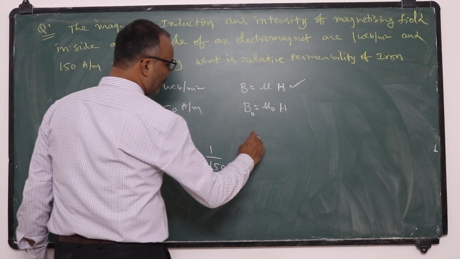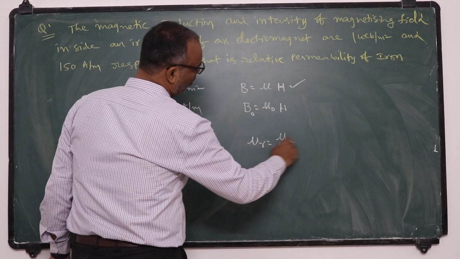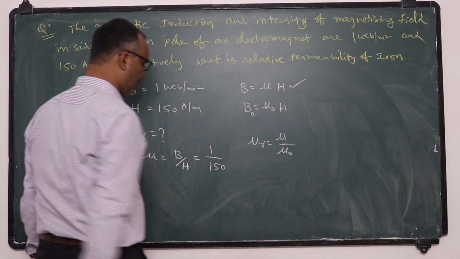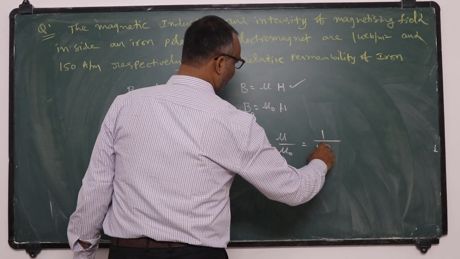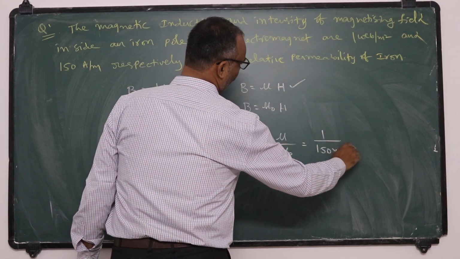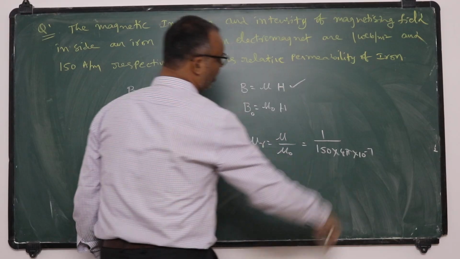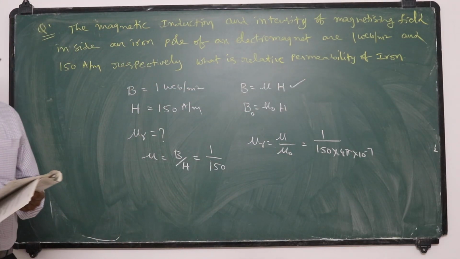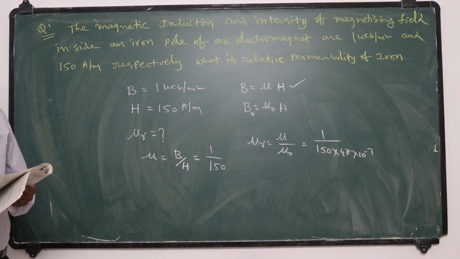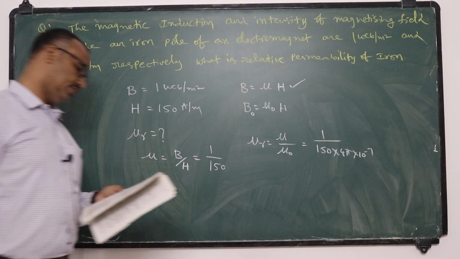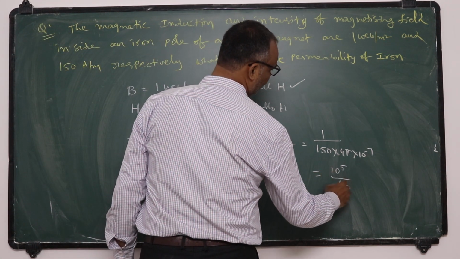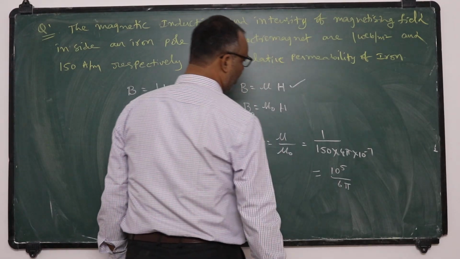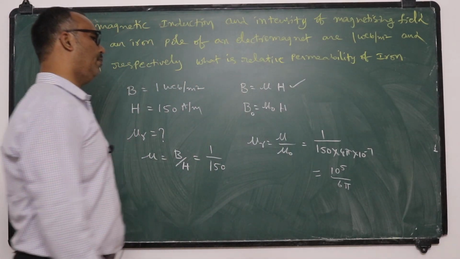Also you know that relative permeability means permeability of medium by permeability of free space. So 1 by 150 into 4 pi into 10 power minus 7 Henry per meter. On simplification of this, you will get 10 power 5 by 6 pi.